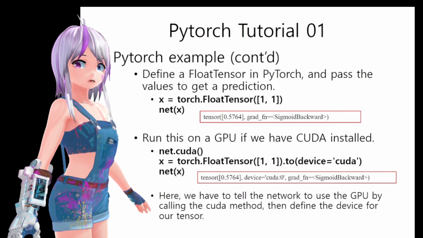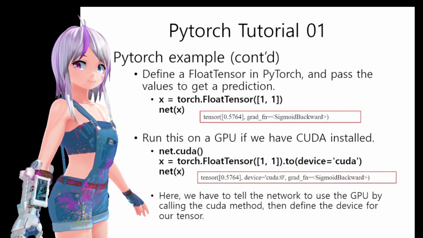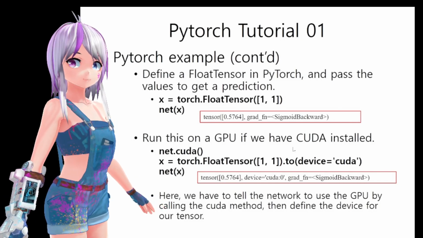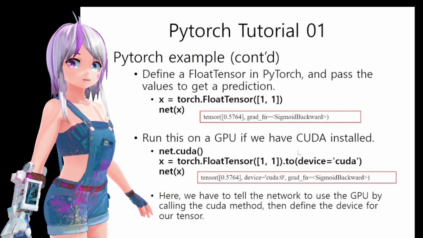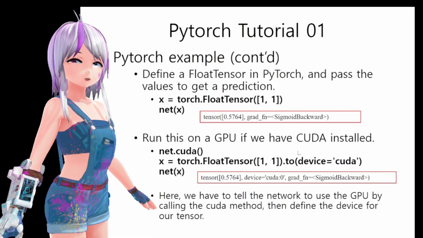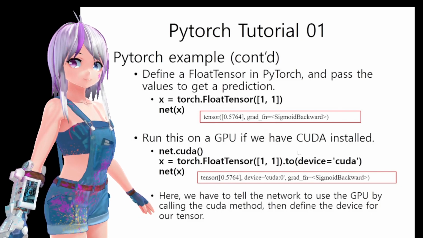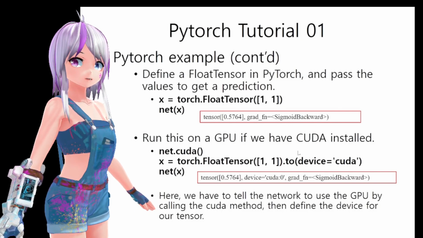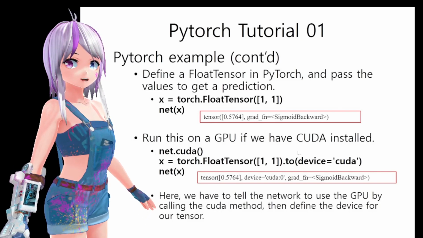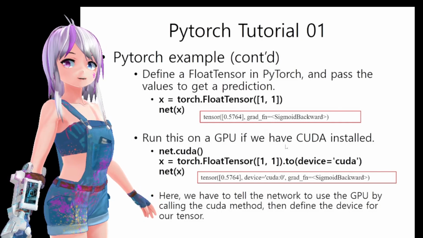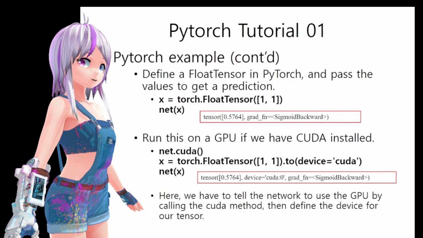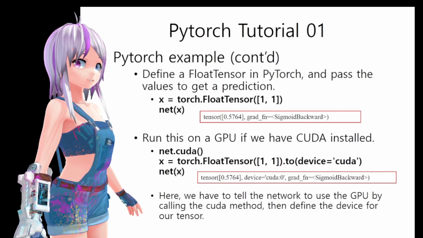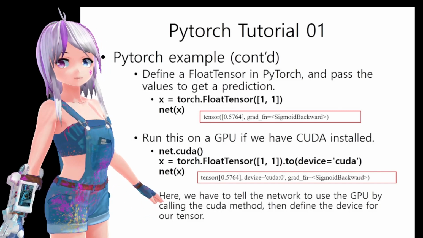Okay, net.cuda(). x equals torch.FloatTensor([1, 1.2], device='cuda'). Okay, and net(x). By doing this, you can take a look at this red box response. Tensor, the same thing, 0.5764.